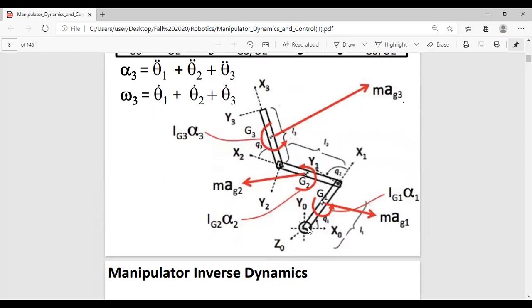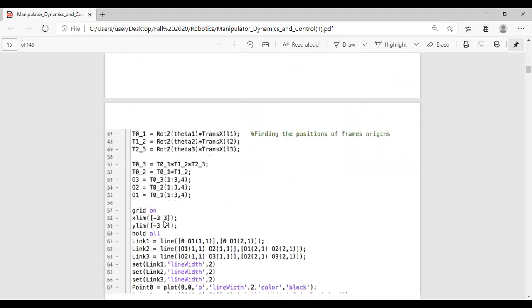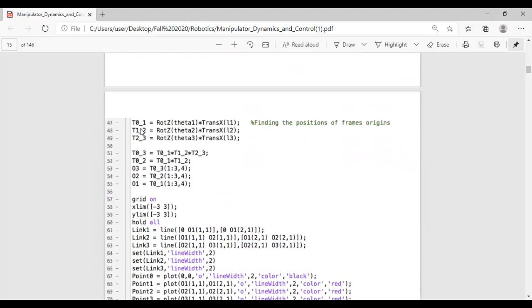This gives the homogeneous transformation between frame O and a virtual frame at point G1, so you can use that to find the coordinates of point G1, because you need those for finding the acceleration. But here I simply find T01, T02, and T03, the homogeneous transformations between frame 0 and frame 3. Very simple. Then I can find the coordinates of these points, O3, O2, O1.